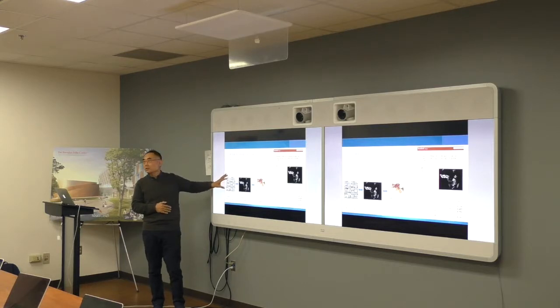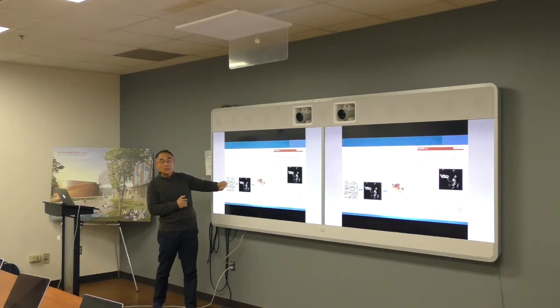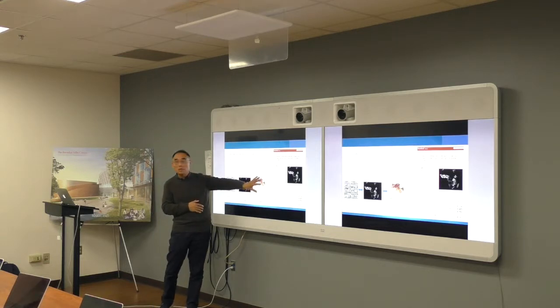If we learn a good image segmentation software, then we can use that model to segment the light images, and then we can in turn use the light images to help label the dark images.